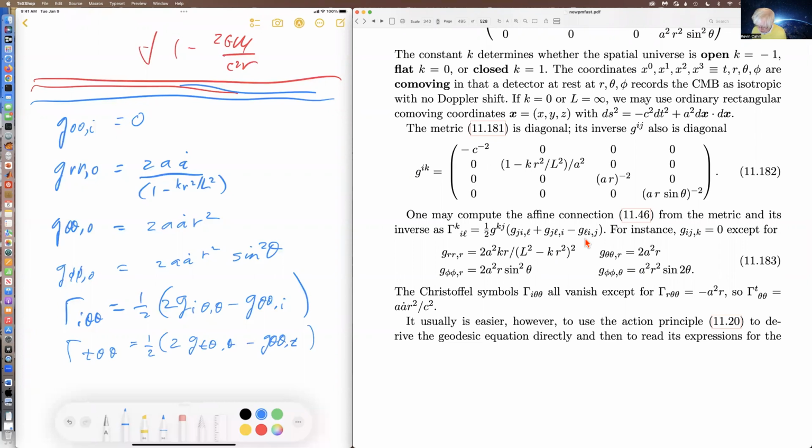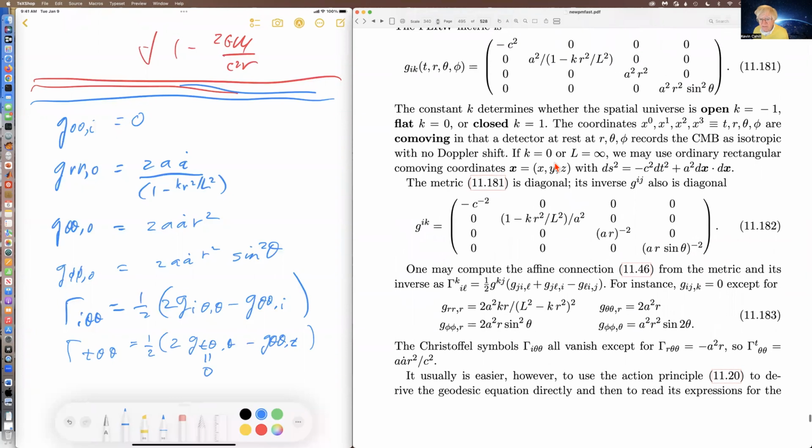Okay, so if I haven't screwed up the indices, this one is certainly 0 because the metric is diagonal. So we just have g theta theta, comma t. Well, I wrote zeros here instead of t's. Oh, my notation.